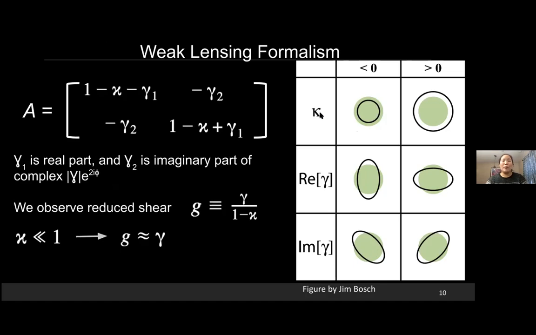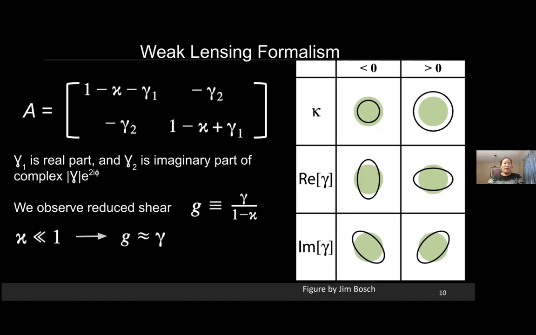It shows you what happens if you have either positive or negative values of kappa or gamma 1 and gamma 2. If kappa is less than 0, it serves to shrink the size of the image, and if it's greater than 0, it makes the size larger. Then these two gamma components stretch it in different orientations. This one is sort of vertical, horizontal, and this imaginary part is rotated by 45 degrees.